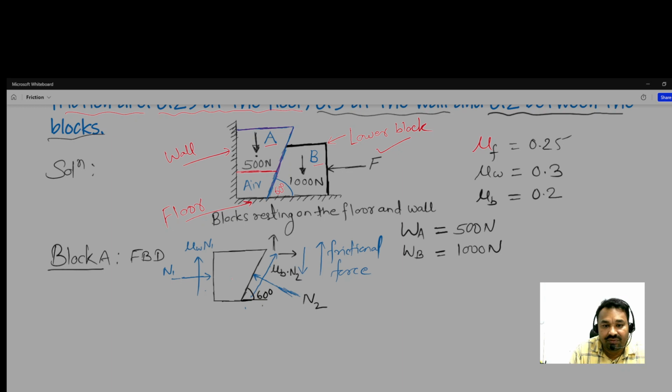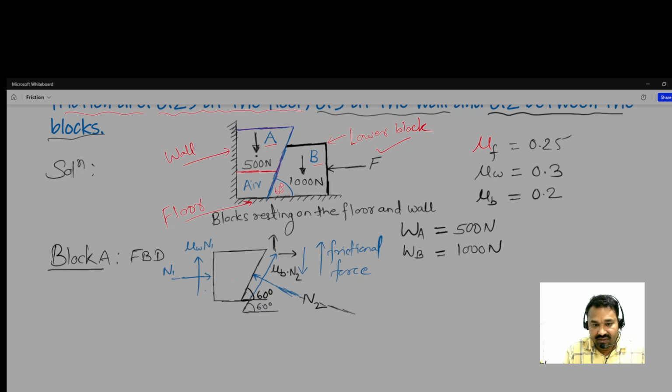And if you resolve the forces, let us extend it here. This will be the same 60 degree with the horizontal. And N2 is also inclined, so to find this angle, let us extend this.